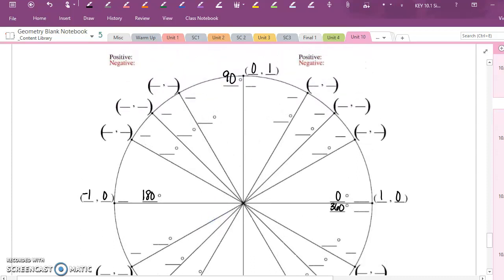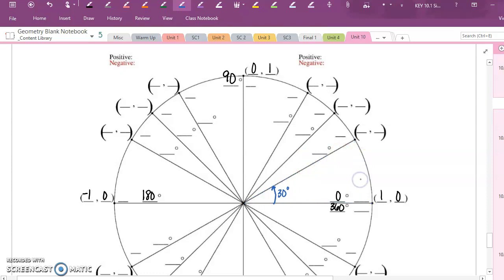Now, when our radius is 1, just like all of these are, that means that from the center to the outside of the circle is only a unit of 1. I'm going to go up a little bit. And this gives us our 30 degrees reference angle. If I were to draw a line down right there and connect all of this, we have a 30, 60, 90 triangle.